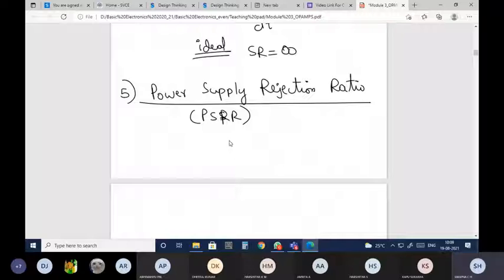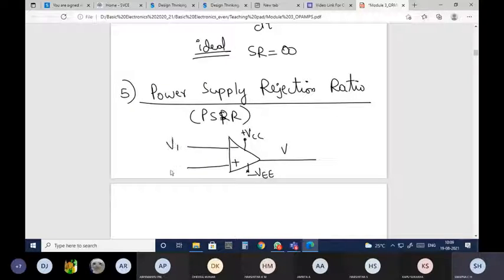Supply voltage. If you just recall, this is my inverting terminal, non-inverting terminal. Here we'll be applying plus VCC and minus VEE, and here we'll provide the inputs V1, V2, and we'll calculate the output. Power supply rejection ratio means, when you make V1 equal to V2, or V1 equal to 0 and V2 equal to 0, in either case the output should be equal to 0.